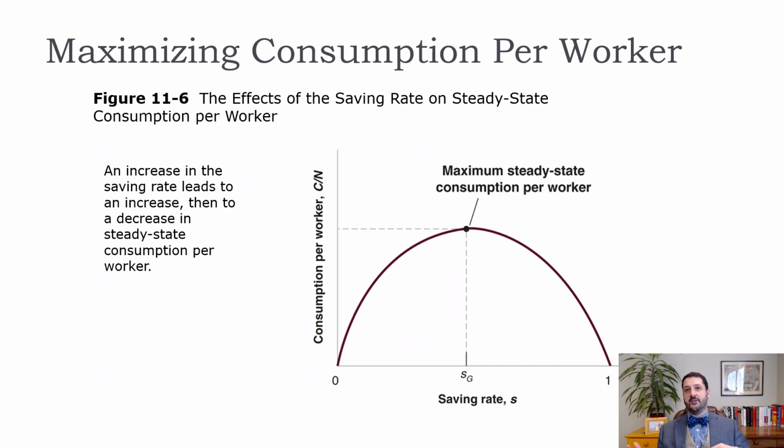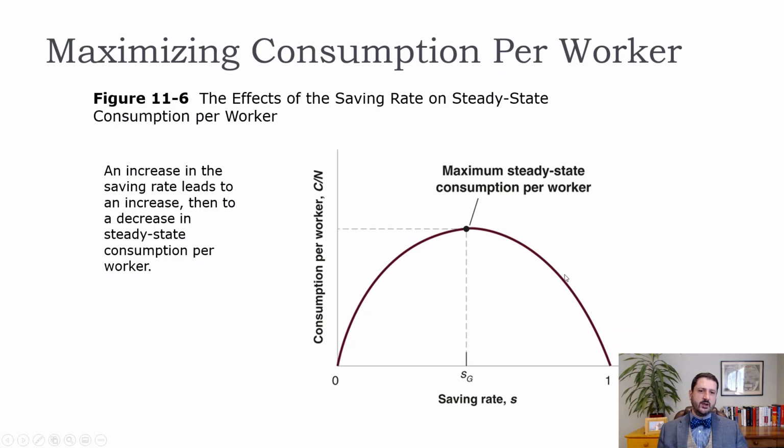We're going to have the maximum amount of output per worker, but we still don't get to consume anything because we're saving all of it. And so there will be some point somewhere in the middle, and as I said, the shape will depend on the production function, where we have a golden level of the savings rate, a golden level of capital per worker, a golden level of output per worker that maximizes our consumption per worker. And so we'll do an example with a Cobb-Douglas production function.